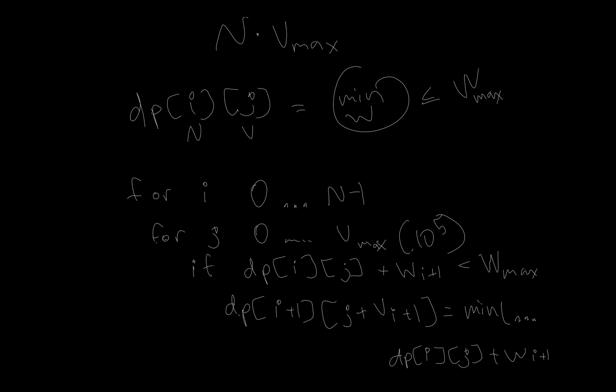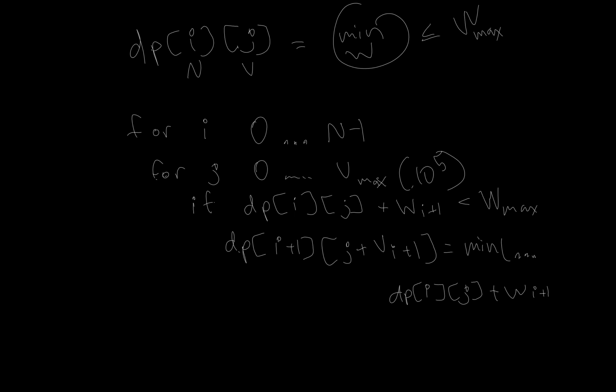So this basically says, okay, if we can keep weight under that max, then now we can update the DP, starting from this base point, which is using all the items up to this one, this is the value we get, and this is the minimum weight. We can update that for the new value, which is now including this.